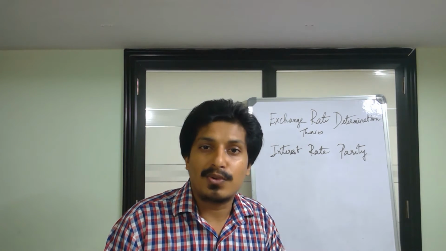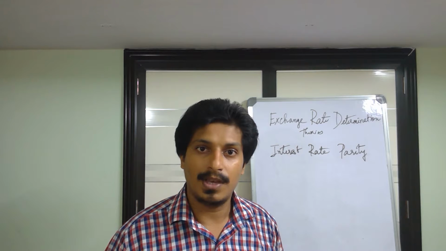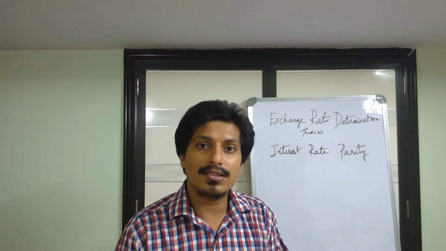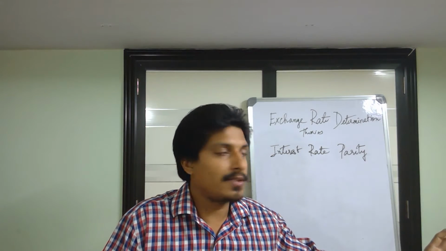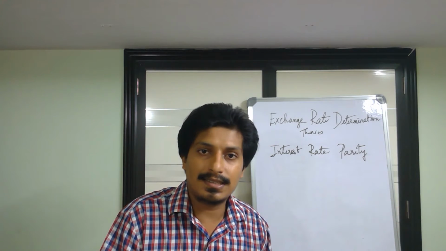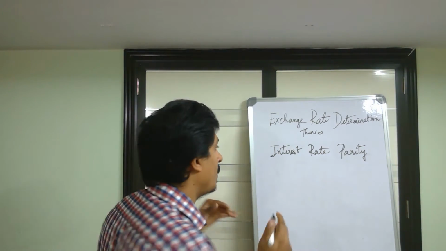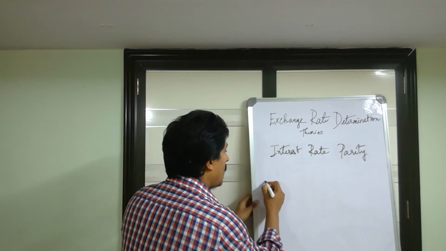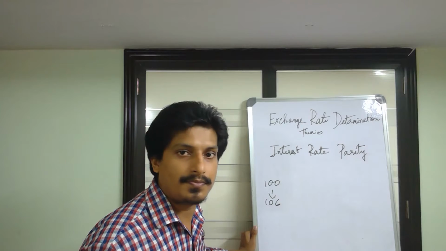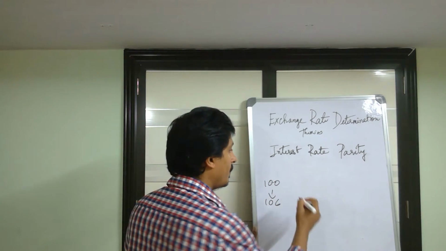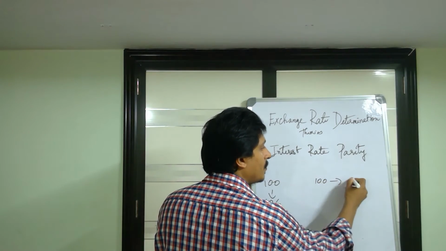Now the third thing you have to do is convert those USDs back to rupees. Then you should check whether the interest you received in India and in US is the same, because there are so many things involved when you invest abroad. In India, you invested 100, you got 106, fine. But when you invest in US, first convert 100 into dollars.